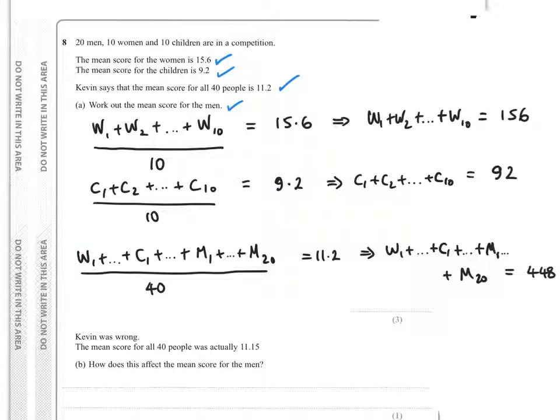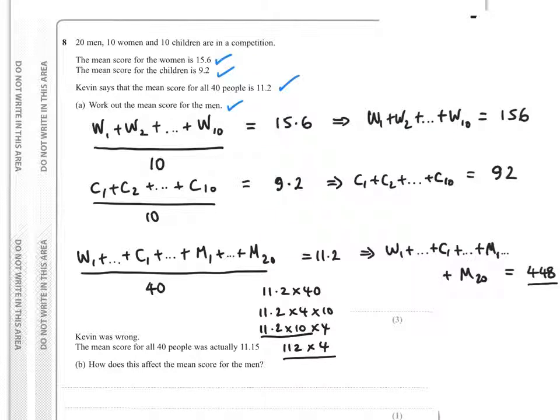Then I've got all the women, all the children, all the men, divided by a total of 40 is 11.2. Now this is a non-calculator paper, so you've got to do 11.2 times 40. So I guess one way of doing it is 11.2 times 4 times 10, and 11.2 times 10 times 4 is the same, which is just 112 times 4, which you can work out to be 448.